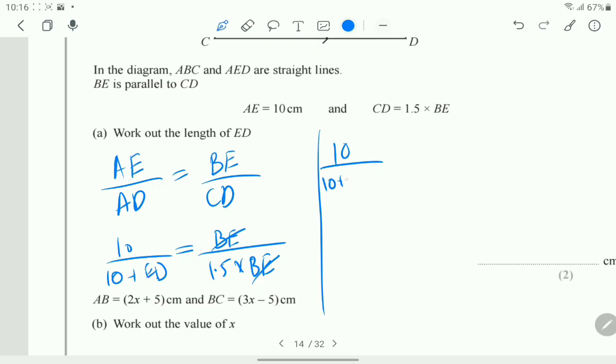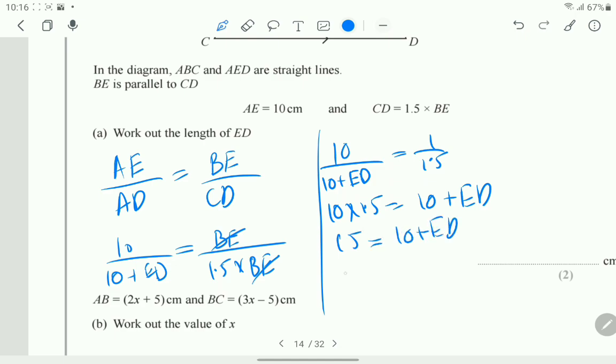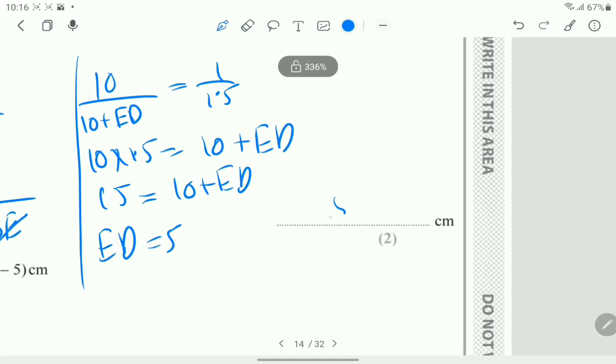We have 10 over 10 plus ED equals 1 over 1.5. So 10 times 1.5 equals 10 plus ED. 10 times 1.5 is 15, and 10 plus ED is on the other side of the equal sign. ED equals 5, and this is your final answer.